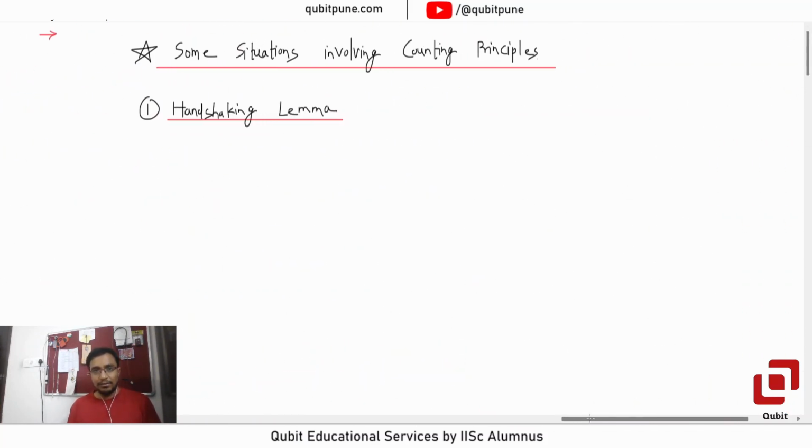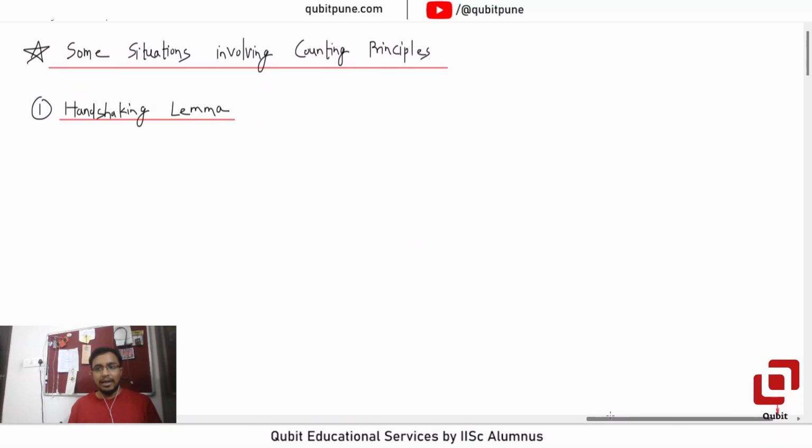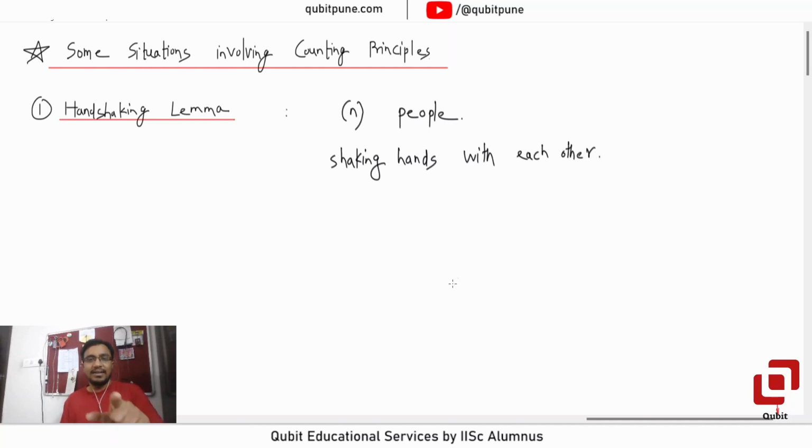Now here are some common situations involving counting principles and their extensions, permutations and combinations. First one is the handshaking lemma. It tells us that if there are n people, and suppose they shake hands once with each other, you understand that this is a combination, because me shaking hands with Rajat is as good as Rajat shaking hands with me.